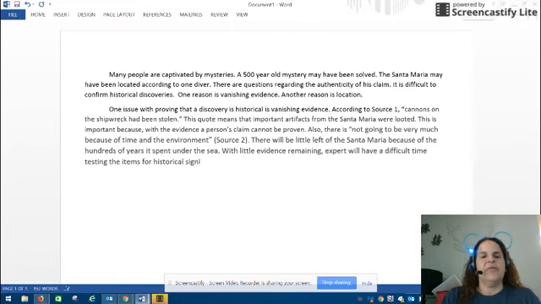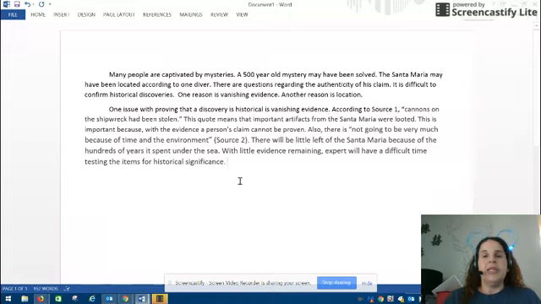So something about there's not going to be much left to go take somewhere to get tested, or with very little left, it's going to be hard to produce evidence to be tested. Okay, all right, so good. So I got my second piece of evidence and my two pieces of elaboration. Okay, the first one was an example or what the quote means. The second one was so what, who cares?